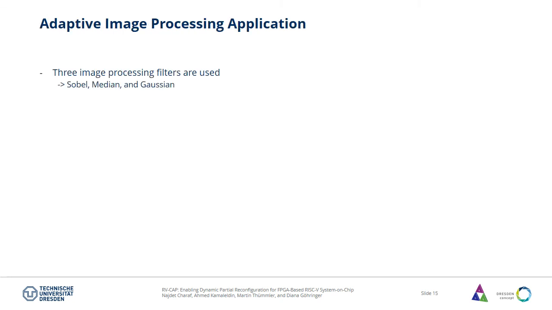About the application, we used three different image processing filters: Sobel, median, and Gaussian. These filters are developed using the Xilinx Vivado High-Level Synthesis (HLS) tool with 64-bit AXI-Stream interfaces. The image size is 512 by 512 pixels, with 8 bits to represent 256 gray values.